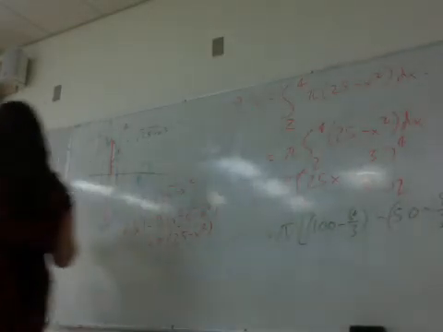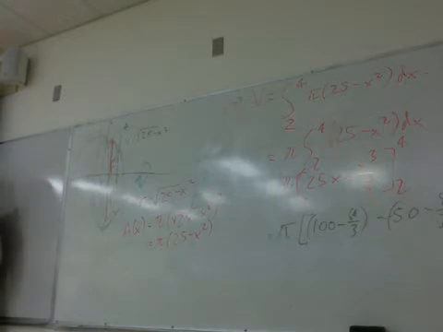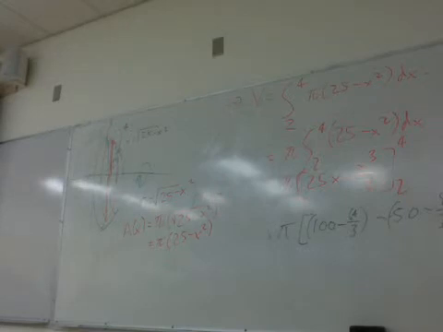Now, one thing to mention is that in some examples, we're going to have to do the same thing we did when we were working with areas, which is find points of intersection before we can figure out what our limits of integration are.